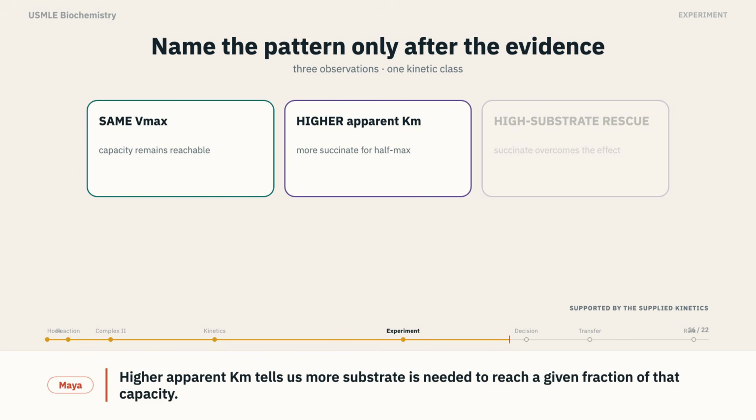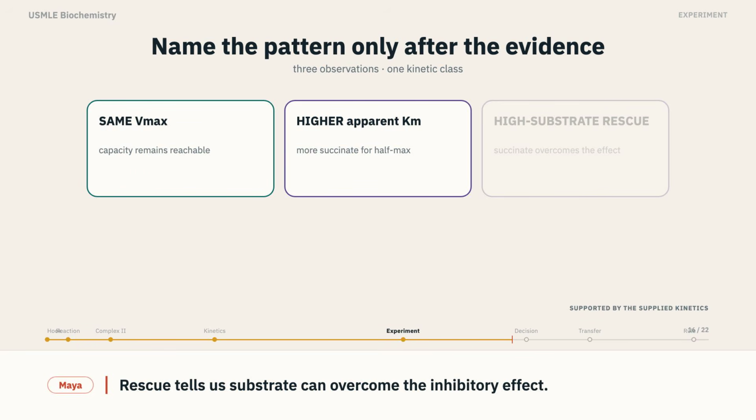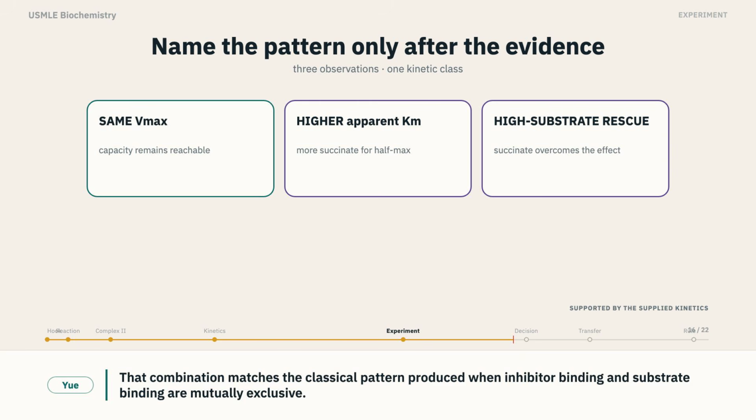Higher apparent Km tells us more substrate is needed to reach a given fraction of that capacity. Rescue tells us substrate can overcome the inhibitory effect. That combination matches the classical pattern produced when inhibitor binding and substrate binding are mutually exclusive.